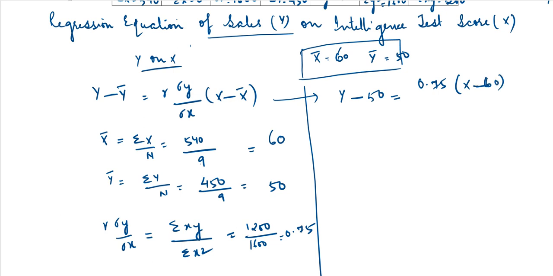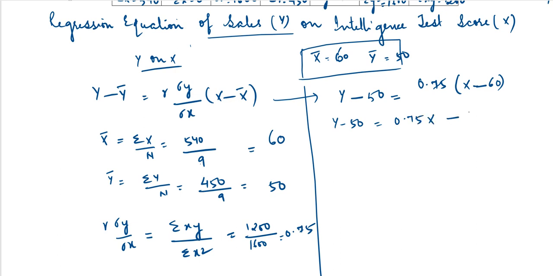ठीक है, x minus 60. तो y minus 50 is equal to 0.75 x minus 60.